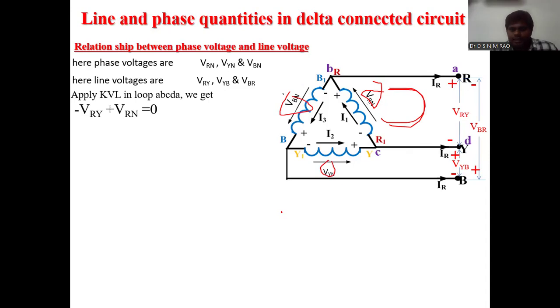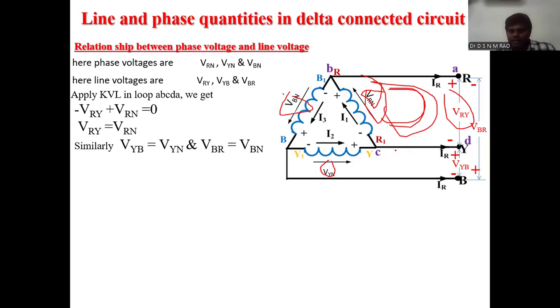Now we get VRY minus VRN equals 0, that is, VRY equals VRN. The algebraic sum of all branch voltages in a closed mesh equals 0.